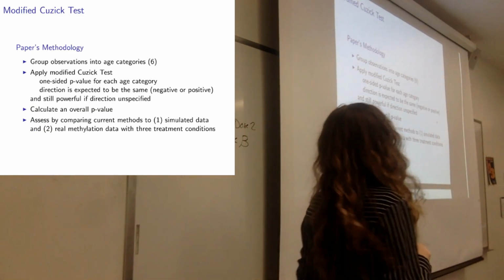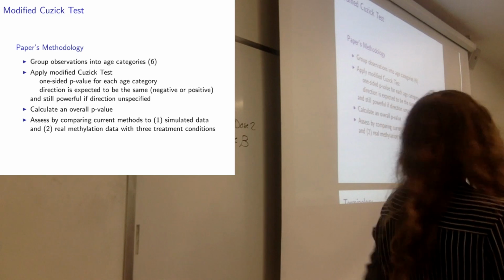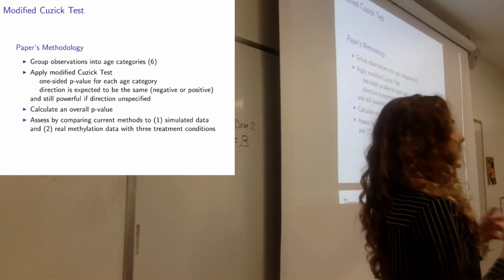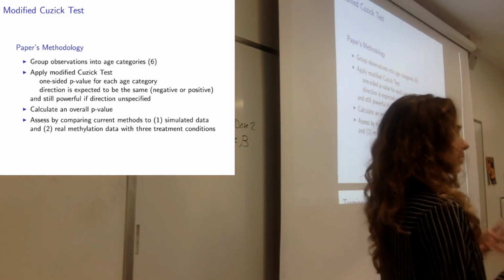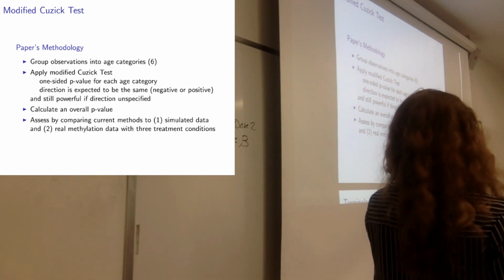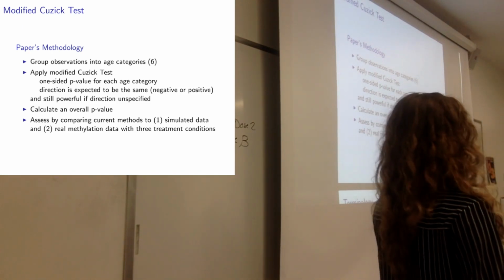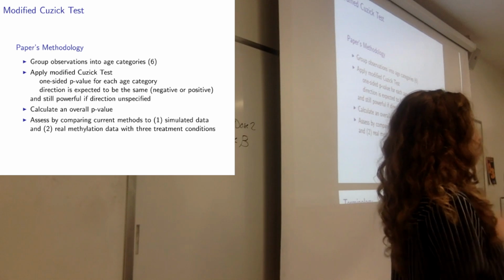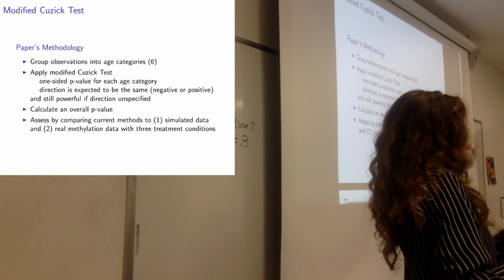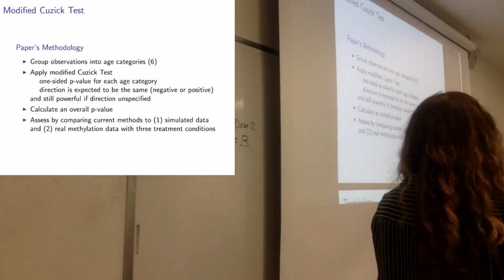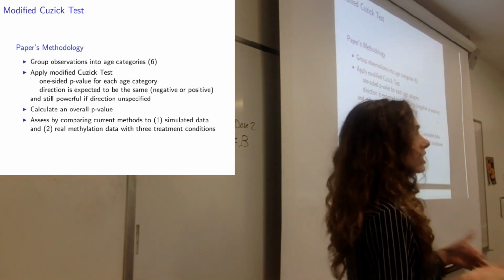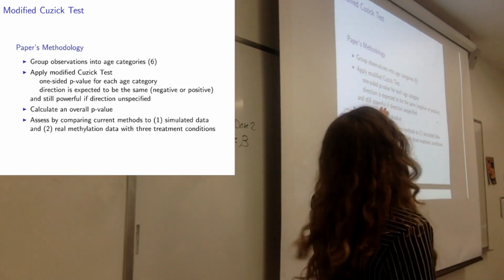So the modified test, the way that they go about this is they first group people into these age categories, and they chose 6 age categories. They chose it between age 70 to 75, etc. They chose that before looking at the data, but they just have these age categories.